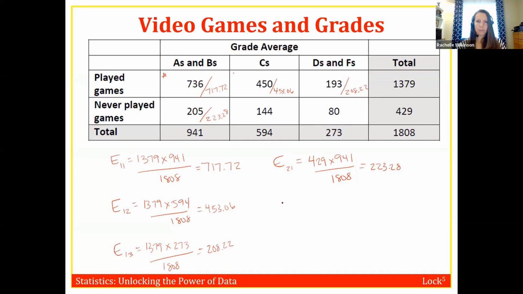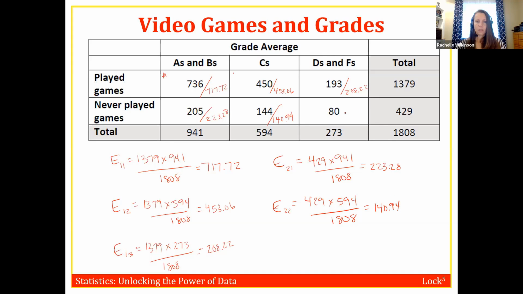All right, next one here, E22 by my naming system is 429 times 594, so row total times the column total divided by n, which is 1808.